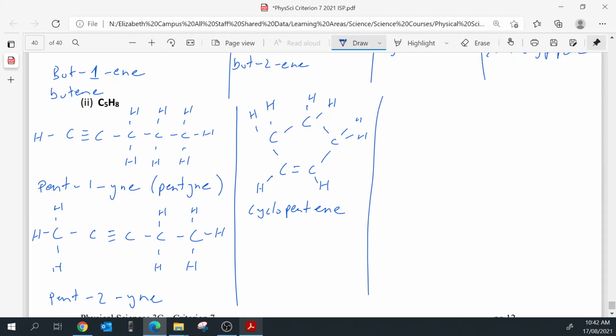Now we're going to do a 4. 1, 2, 3, and 4, and we can put in the triple bond anywhere. And then where we've got, I'm going to put in a methyl in there. Okay, so that means we've got 1, 2, 3, so it's going to be 3-methyl.